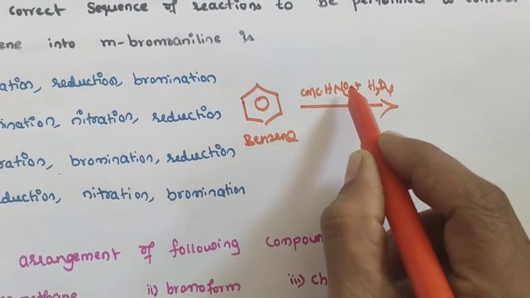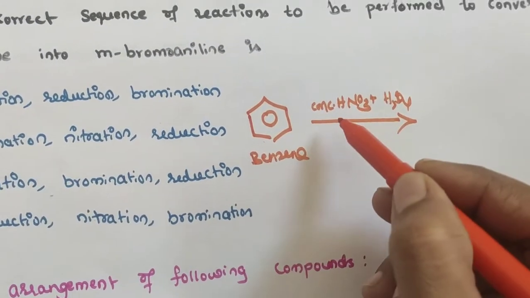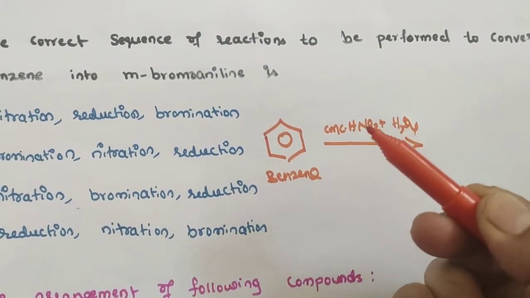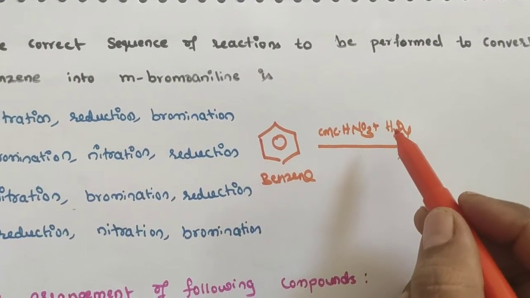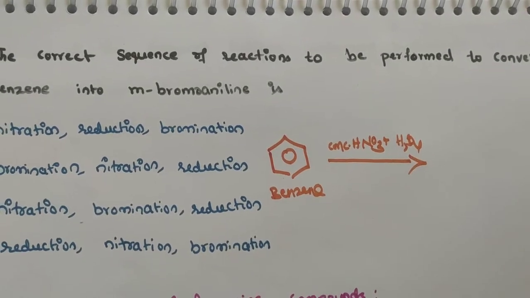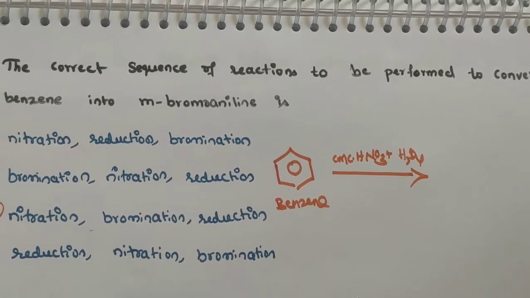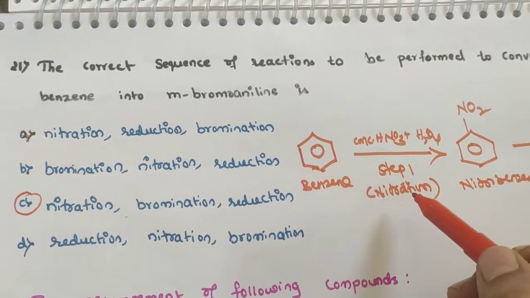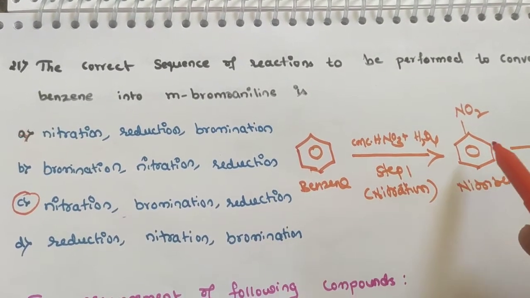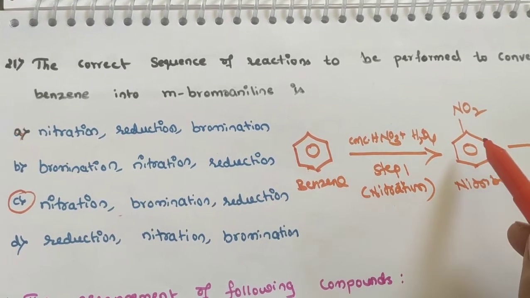Whenever we add HNO3 in the presence of concentrated H2SO4, that reaction is nitration. This is step 1, nitration, and the product is known as nitrobenzene.